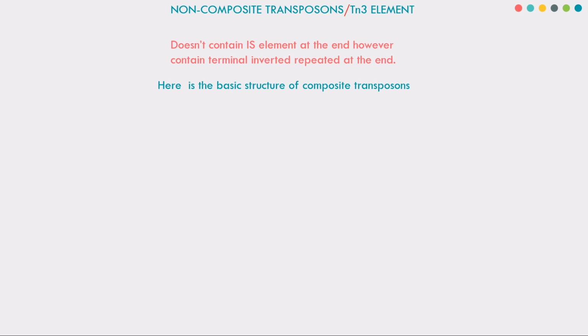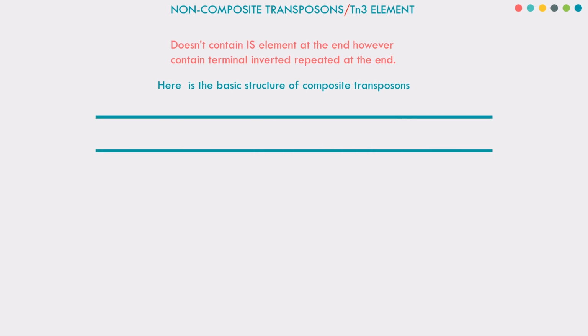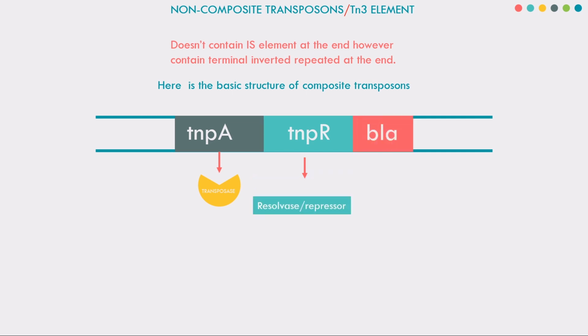The basic structure is the tnpA, which codes for a transposase, the tnpR, which codes for a resolvase or repressor, and the bla gene that codes for beta-lactamase, which gives resistance to ampicillin. At the end, it has terminal inverted repeats.